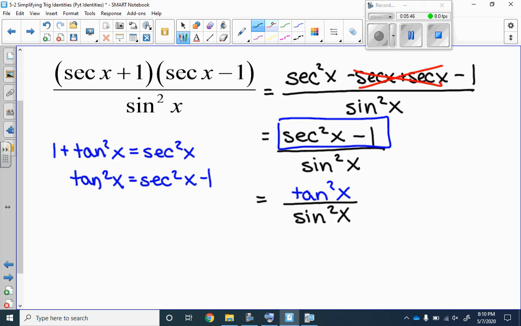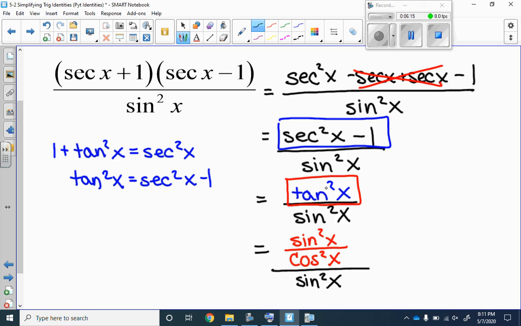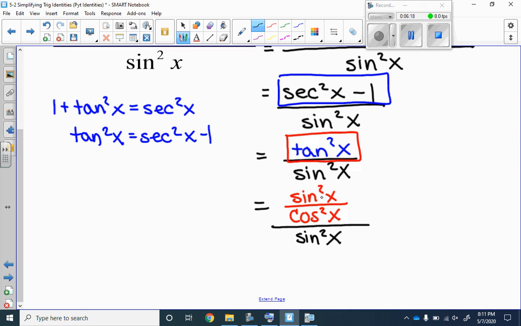One thing you can do, which I often suggest though it doesn't work all the time, is to try rewriting things in terms of sine and cosine. So I'm going to rewrite this tangent squared x, and because it's being squared, it becomes sine squared x divided by cosine squared x, and all of that is divided by sine squared x. Now you are dividing by fractions, and when we divide by fractions, we multiply by the reciprocal.